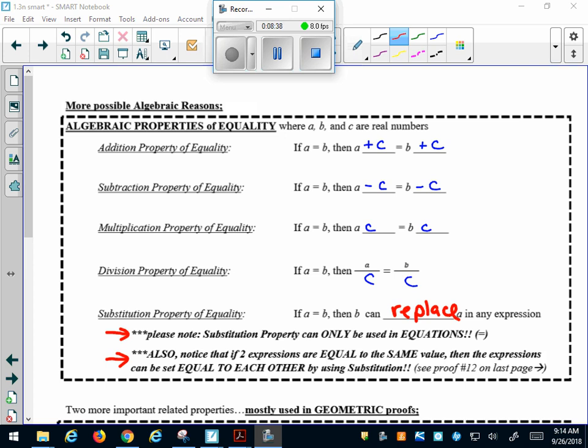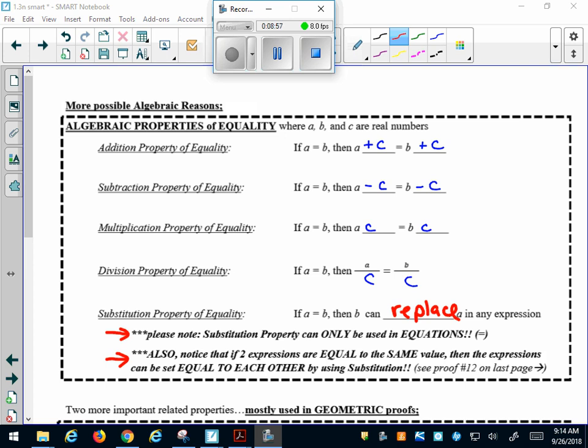All of these properties of equality can really only be used in equations, but I'm specifically pointing out the substitution property because often people want to substitute things that aren't equations, but it's a property of equality. It has to be in equations.